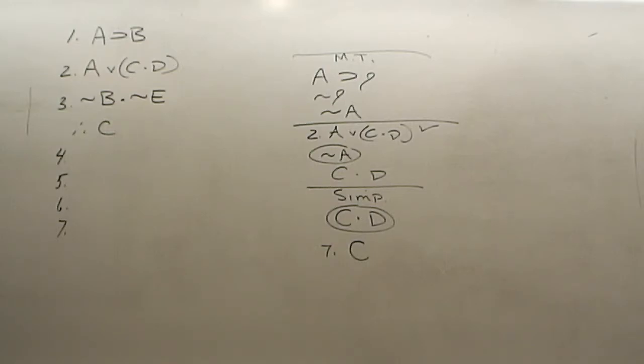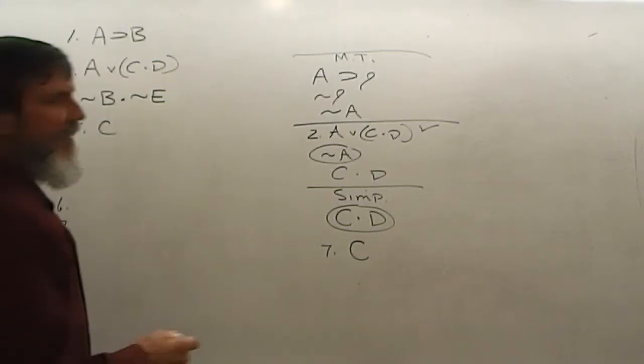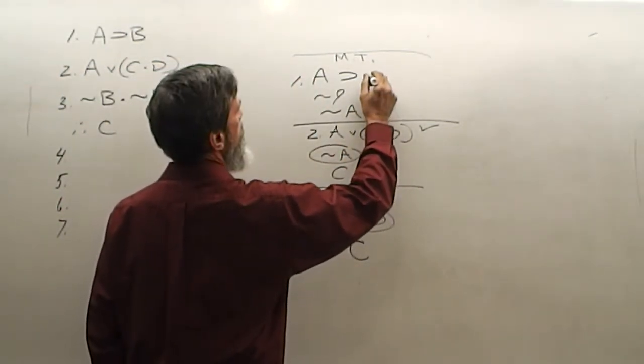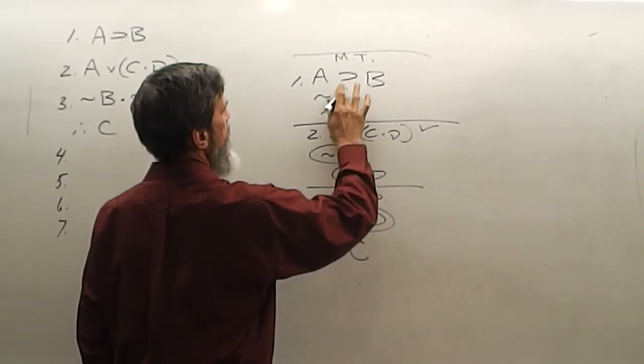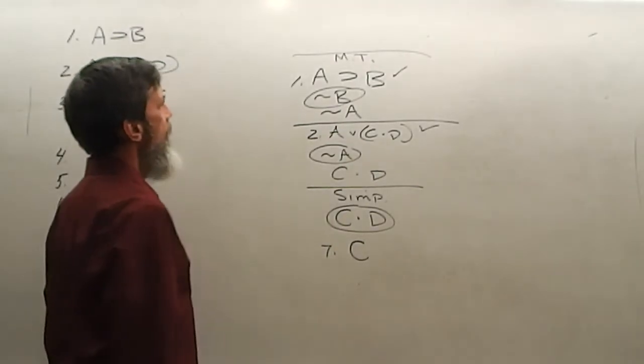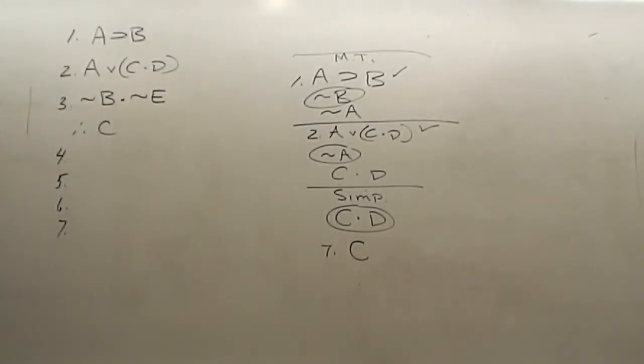We sure do. I'm so sure that line 1 is the first premise of modus tollens. I'm going with it. That means our second premise has to be curl B. All you have to do is get curl B.